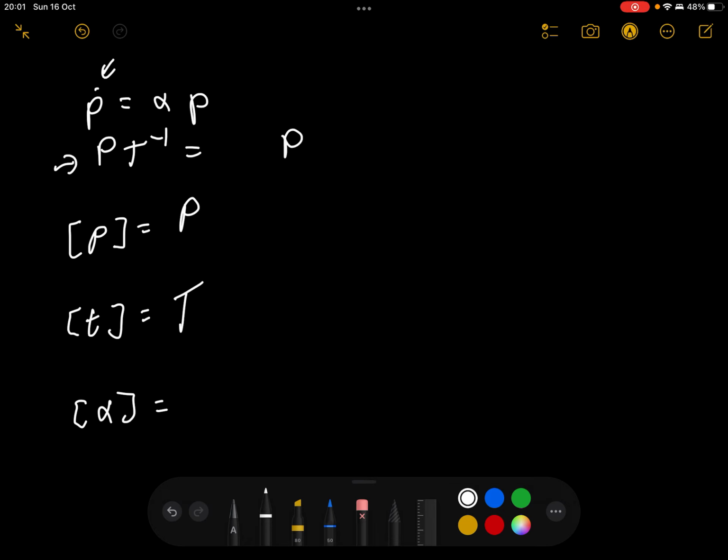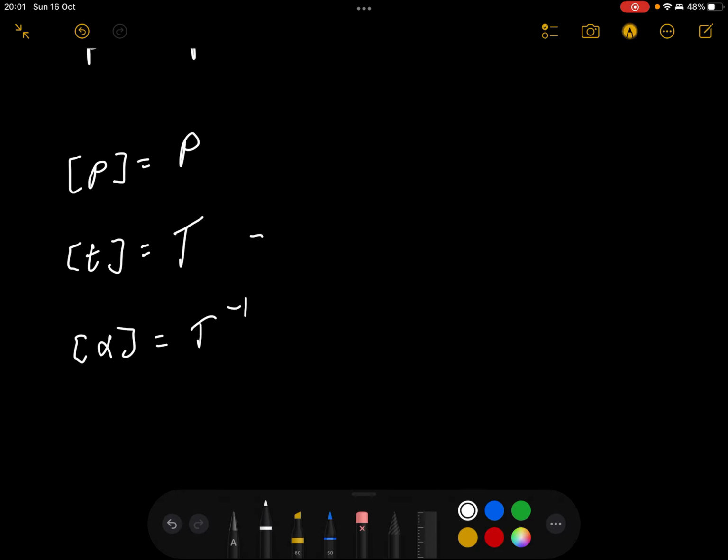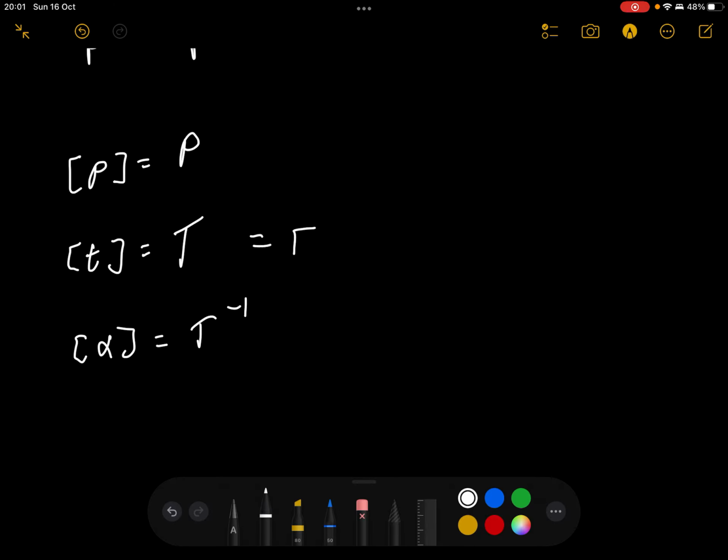So that means the units for alpha is capital T to the minus 1. Okay, so the next step is to notice that the units for T is the same as units of 1 over alpha.